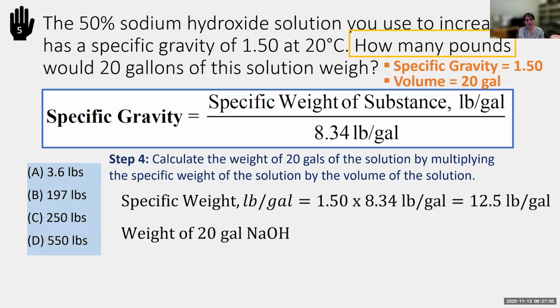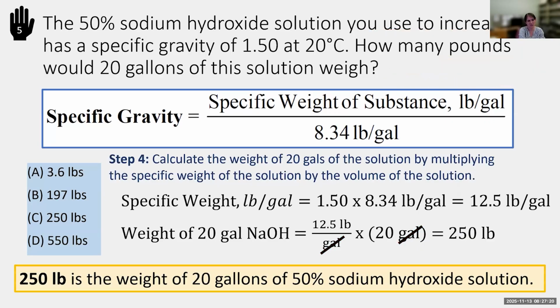So the weight of 20 gallons of sodium hypochlorite equals 12.5 pounds per gallon times 20 gallons. The gallons cancel each other out, and we get 250 pounds. So 250 pounds is the weight of 20 gallons of 50% sodium hypochlorite solution, and our answer is C. Does anybody have any questions?